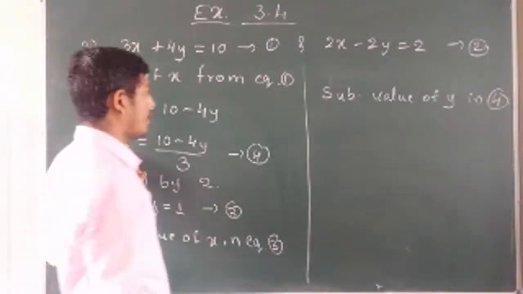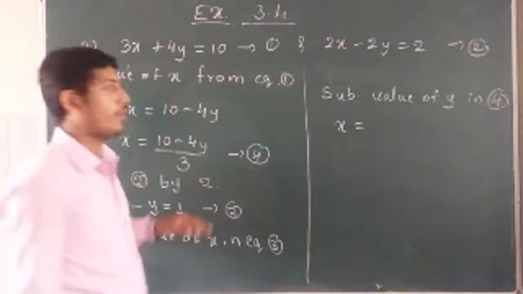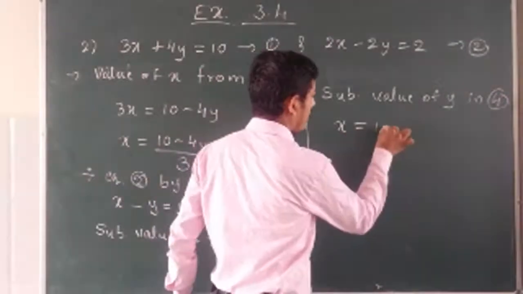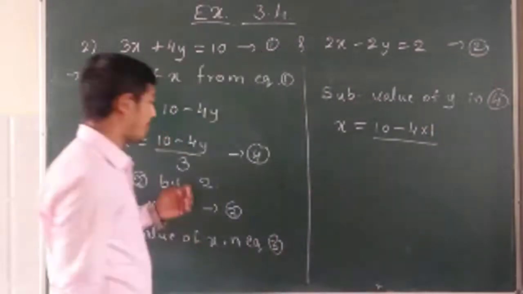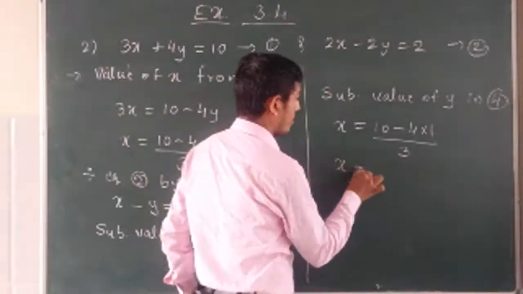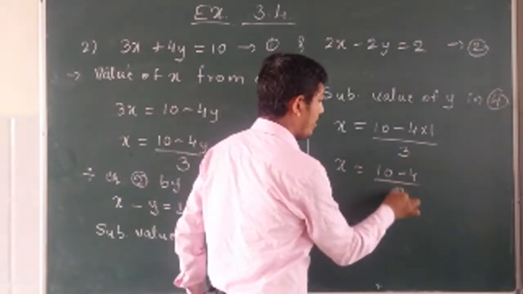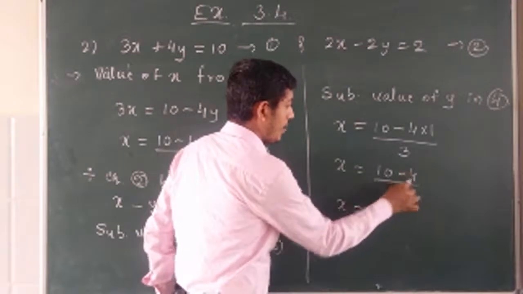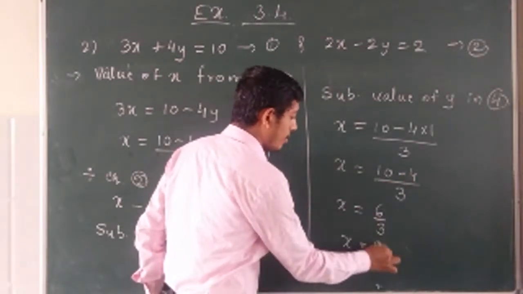What does it become? x equals (10 minus 4y) divided by 3. x equals (10 minus 4 times the value of y, which is 1) whole divided by 3. So x equals (10 minus 4 into 1) divided by 3. x equals 10 minus 4, it is 6 by 3, and x equals 2.